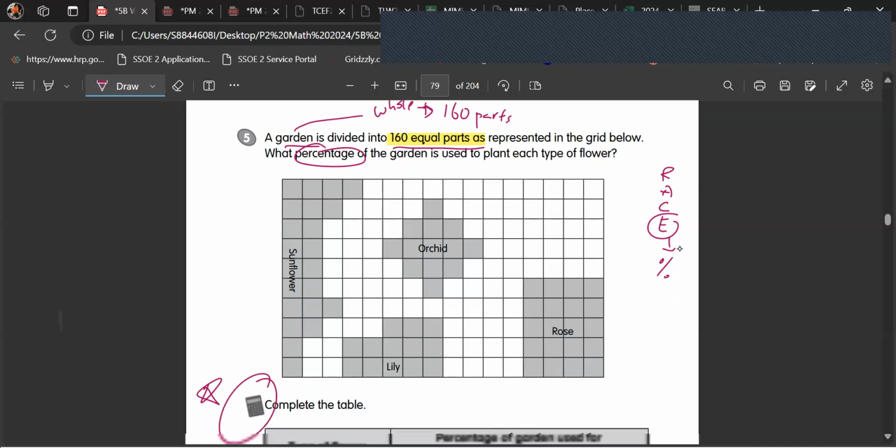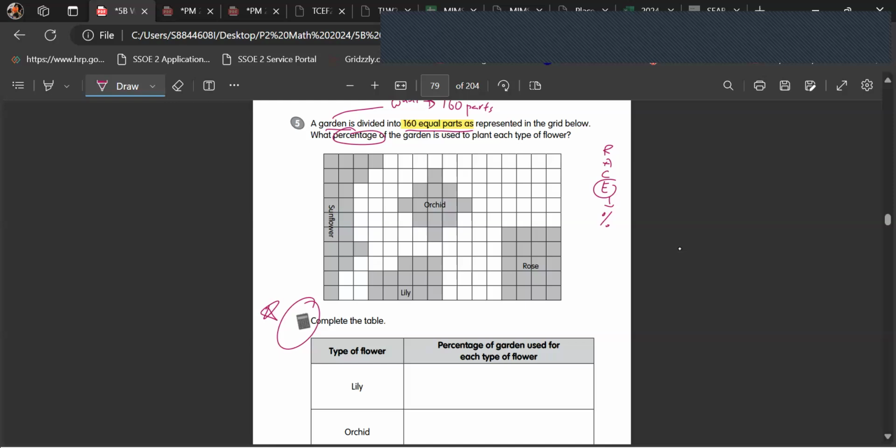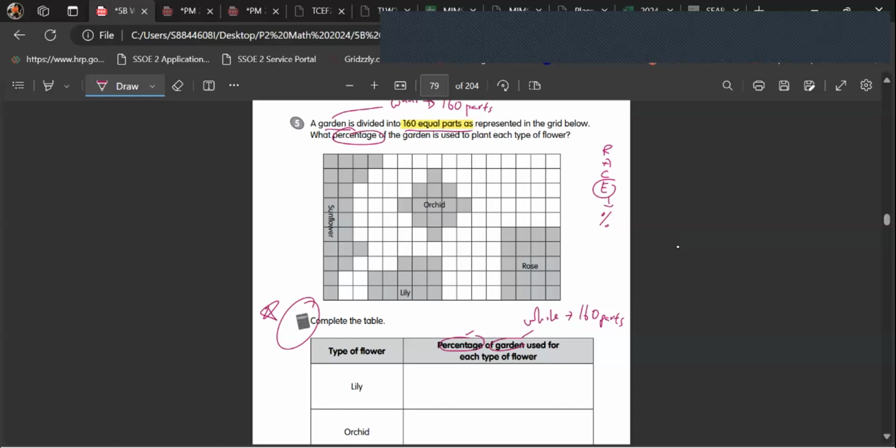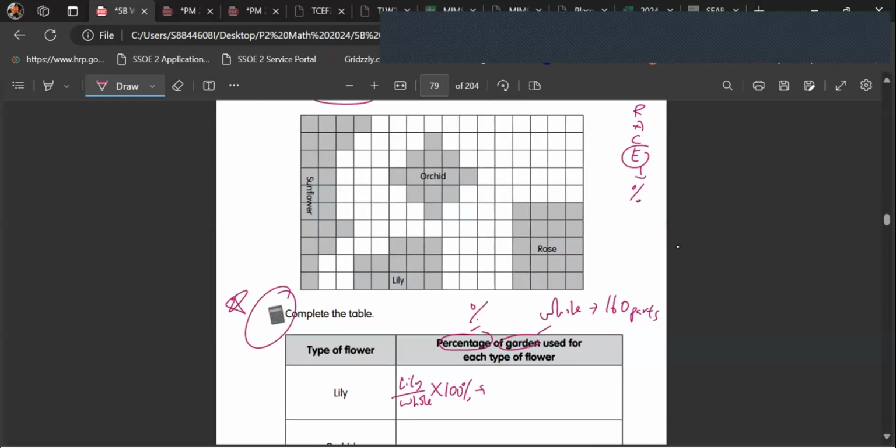So you realize that for the next one, it is the percentage of the garden. The whole garden, reminder, is out of 160 parts. You need it in percentage. So I take Lily out of the whole, then multiply by 100%. That is the step, which is out of 160.